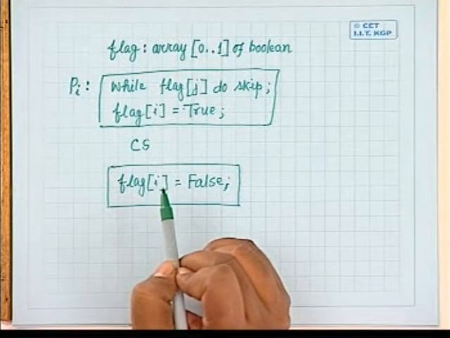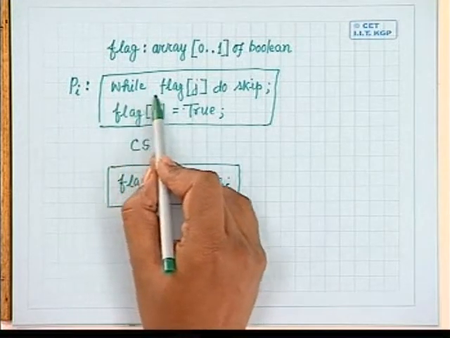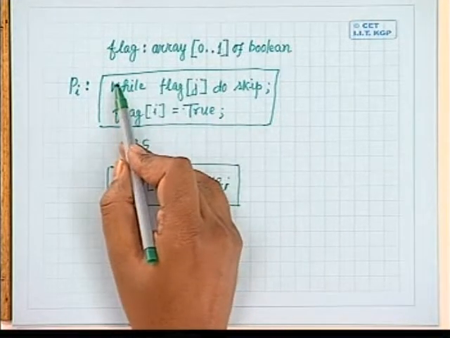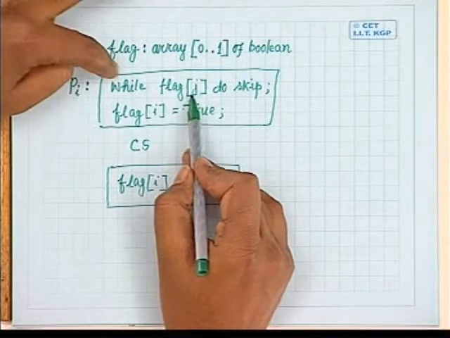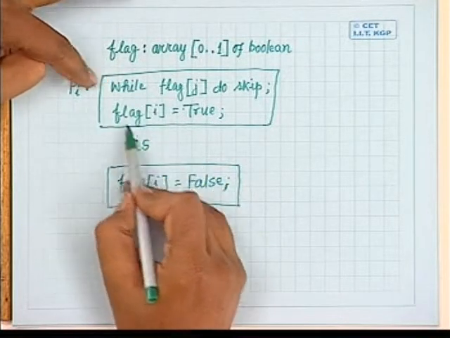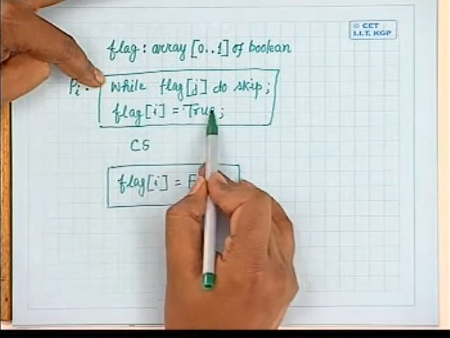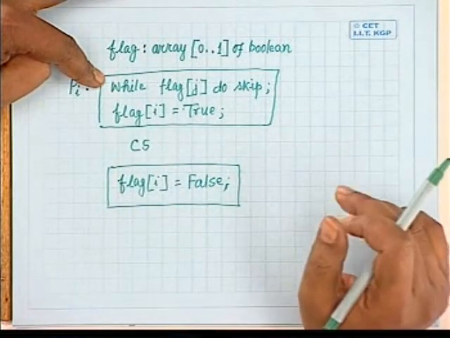Now, if the situation is that process Pi has executed this while statement, it finds flag j equal to false, so the while loop will be broken. But the ith process has not started execution of flag i equal to true. In between, I have the preemption of process Pi, and process Pj executes the corresponding while statement.